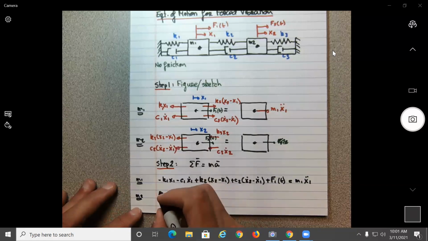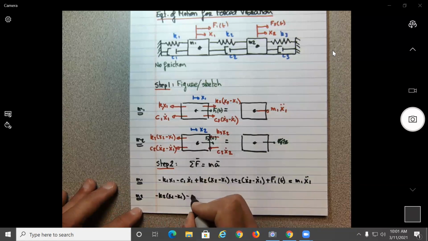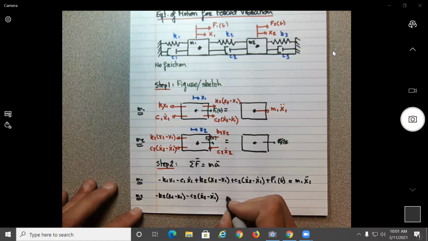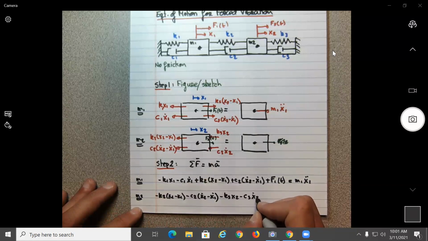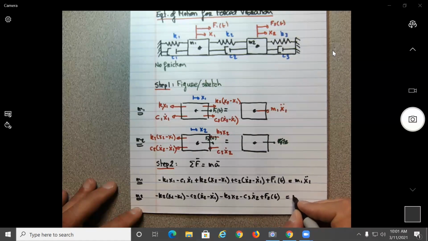We'll have minus K2 (X2 minus X1) minus C2 (X dot 2 minus X dot 1) minus K3 X2 minus C3 X dot 2 plus F2 of T equal to M sub 2 X double dot sub 2.